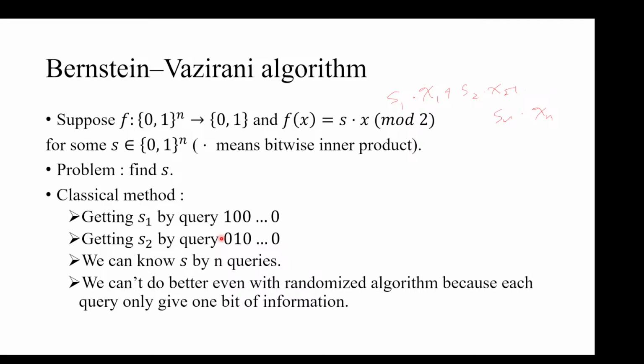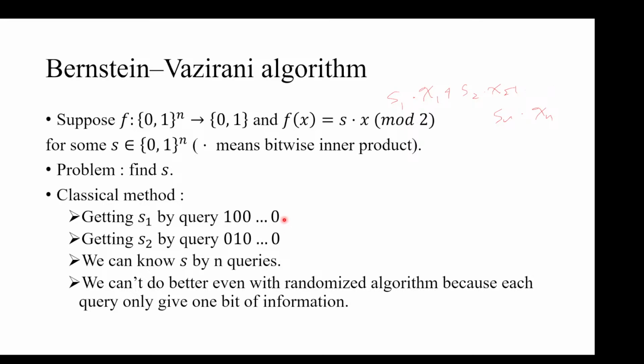If you have x as 1000, then the inner product between s and x will just be s1, because x1 equals 1 and x2 to xn are all equal to 0. So f of 10000 gives the output s1.